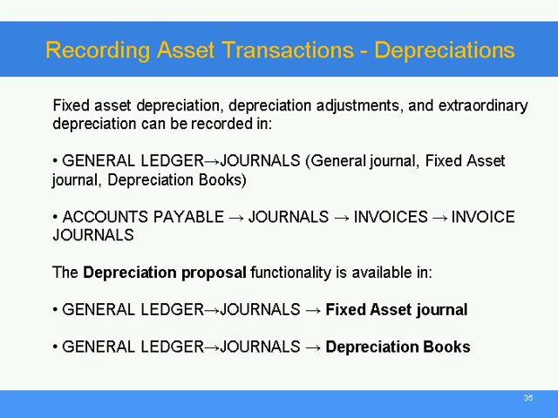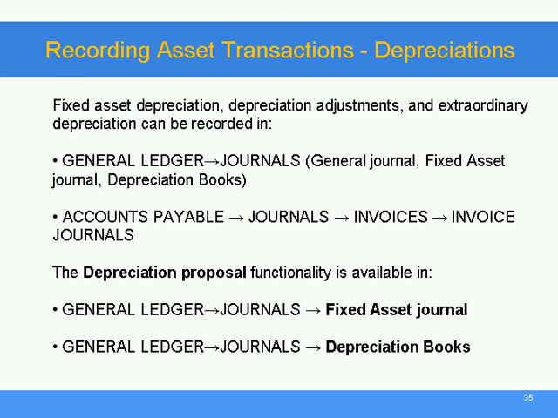But usually for depreciation transactions, the fixed asset journal and depreciation books are used in case we have the function depreciation proposal. So now let me show the depreciation proposal function in fixed asset journal.